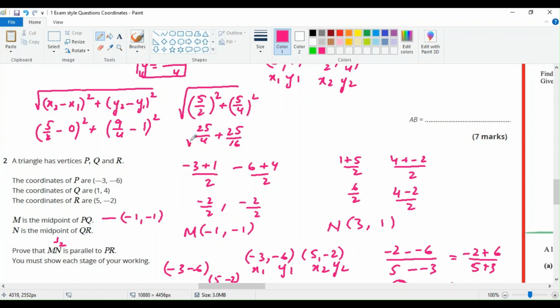Once we simplify this, 4 times 4 is 16. So 25 times 4 gives us 100 over 16, plus 25 over 16. It's going to go under root. So this is giving us the square root of 125 over 16. Once we put this value in the calculator, we can find out the value of AB.